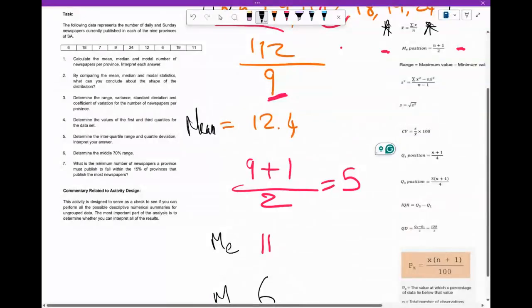Okay. So question 2 there, they say by comparing the mean, median, and modal statistics, what can you conclude about the shape of the distribution? What have you compared? How have you compared those three?